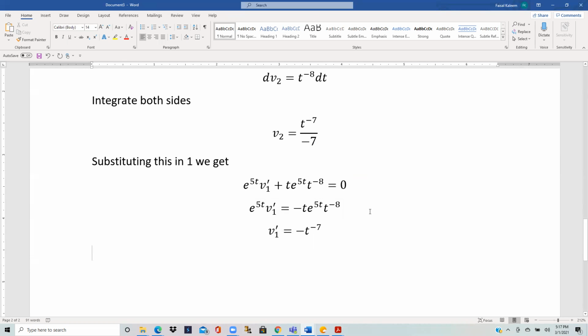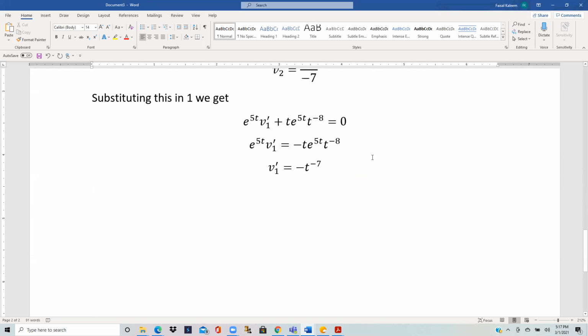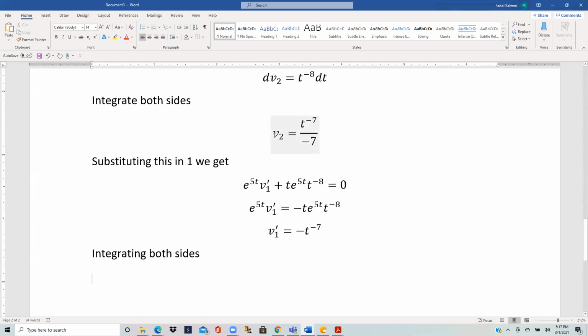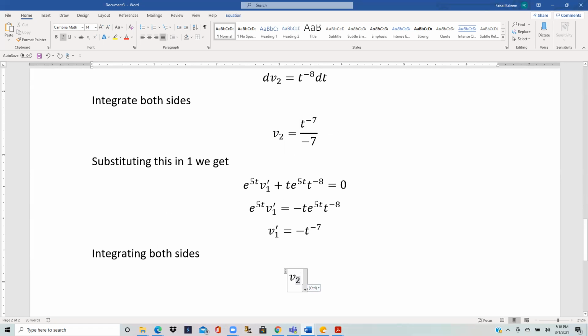Sometimes when it's that simple, we don't even have to write this step. We just can say integrating both sides. So the integral of v1 prime is v1. And the integral of negative t to the negative 7 would be negative t power negative 6 over negative 6 when you use the power rule.